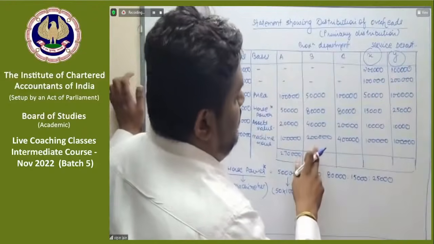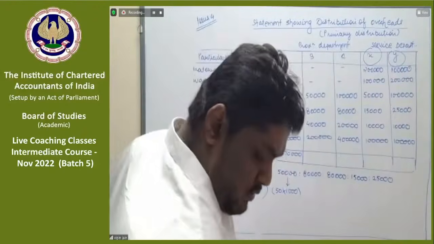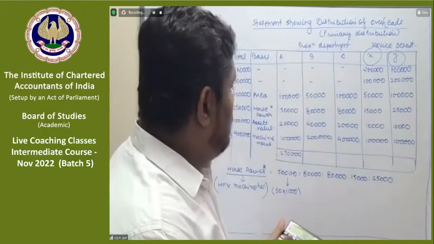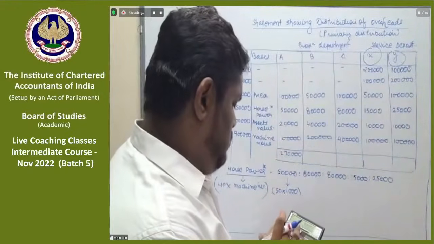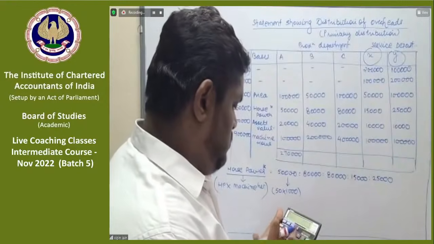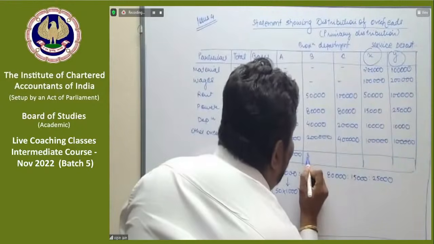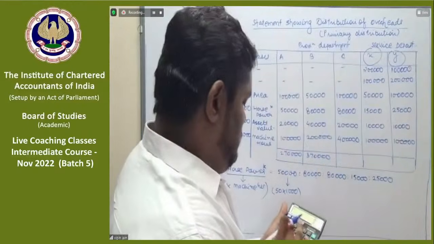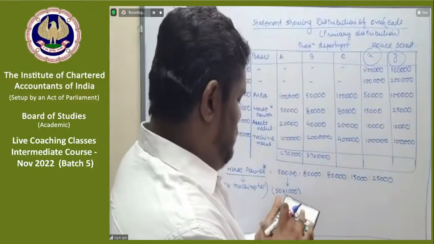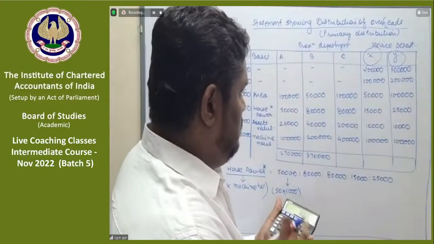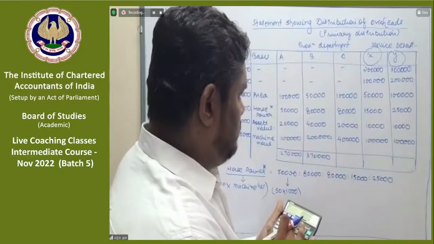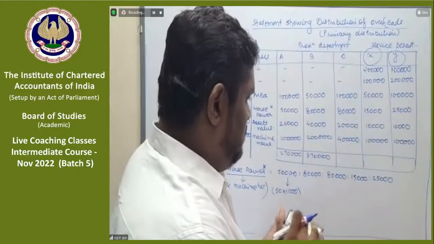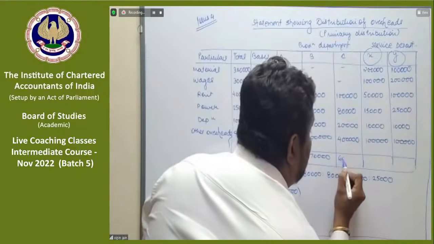This will be 3 lakh 70,000. This will be 6 lakh.